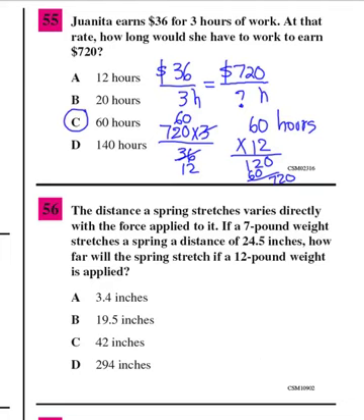Problem 56. The distance a spring stretches varies directly with the force applied to it. If a 7-pound weight stretches a spring a distance of 24.5 inches, how far will the spring stretch if a 12-pound weight is applied?